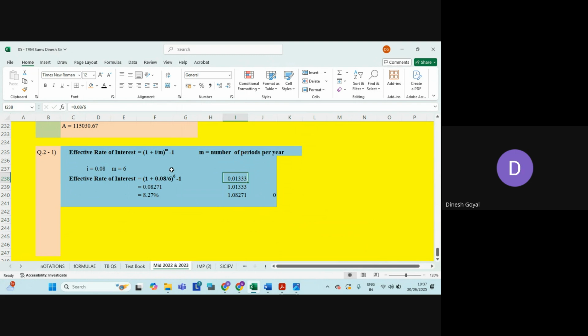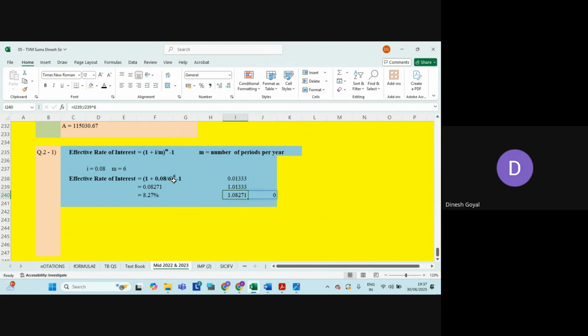Like, 0.08 divided by 6, then add 1. Or can we do 1 plus 0.08? No, there is only one method. Okay. Because in the formula the 6 is below, dividing 0.08, not the 6 whole raised to 6. Then I'll press equal to and then plus 1, right, sir?